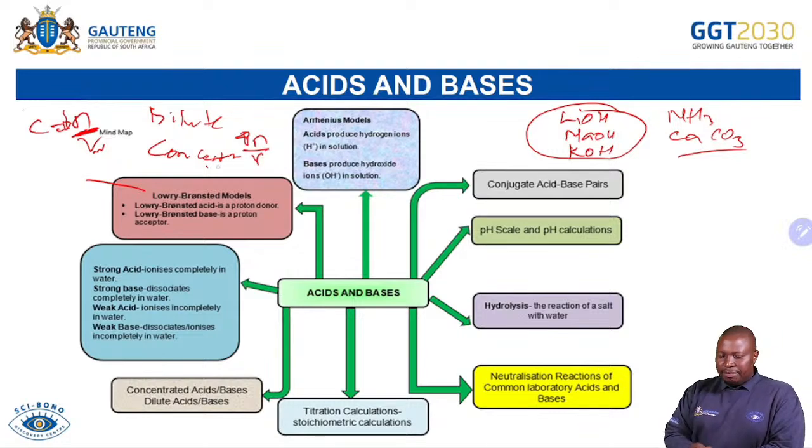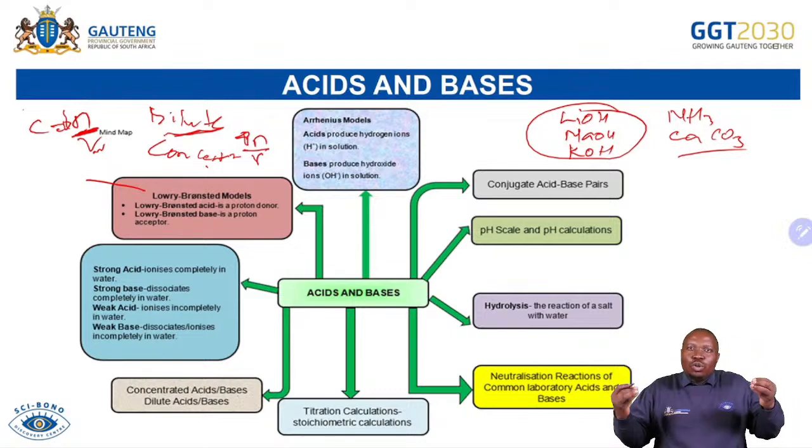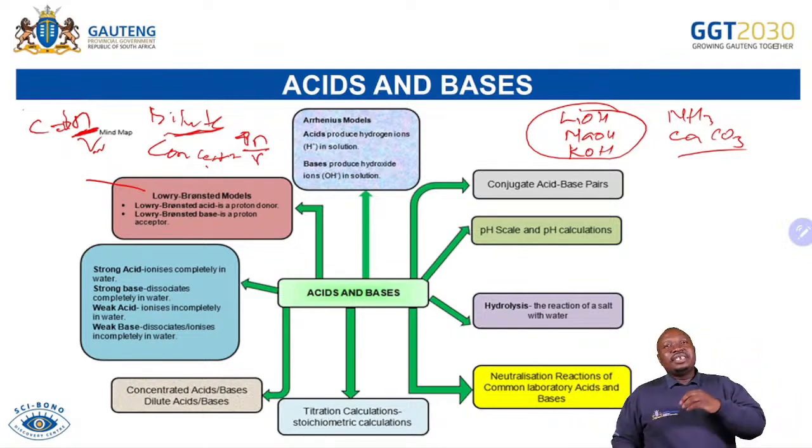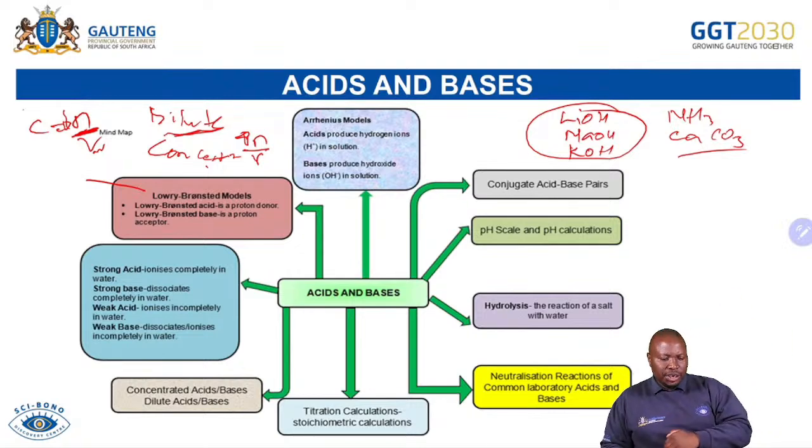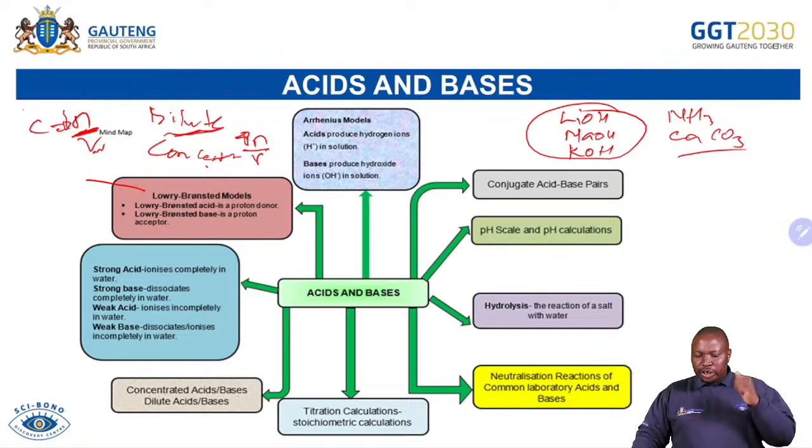So please remember, concentrated or dilute doesn't mean that it is now weak. It can still be a dilute strong acid. What makes it dilute is that we have less number of moles per unit of volume of water, so we have more water added onto it. But strong is about ionization.